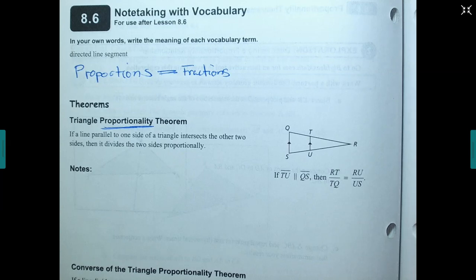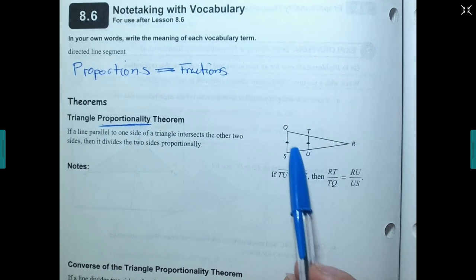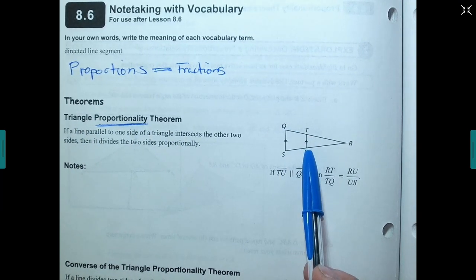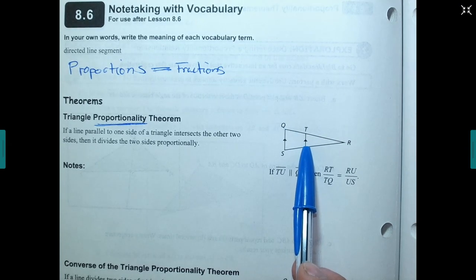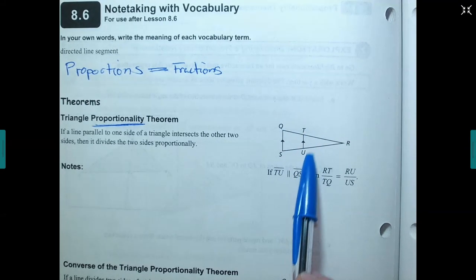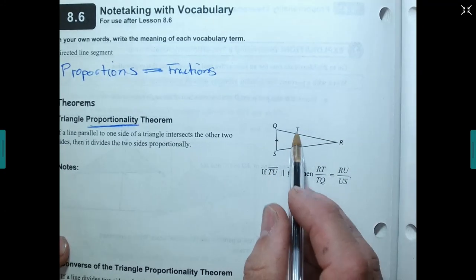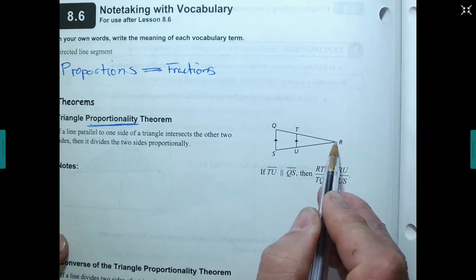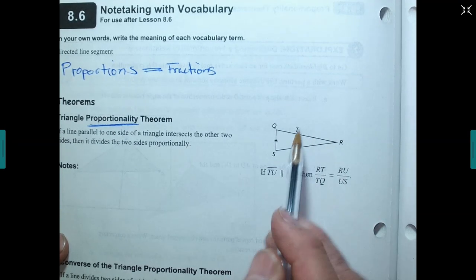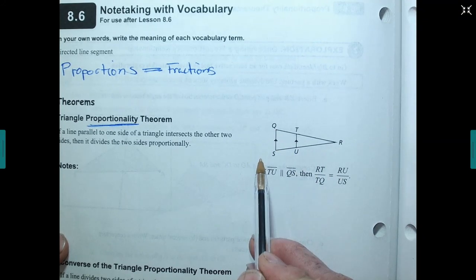Triangle proportionality theorem: if you have two parallel lines, then where they intersect, it makes proportional lines. So, if TU is parallel to QS, then RT over TQ equals RU over RS.